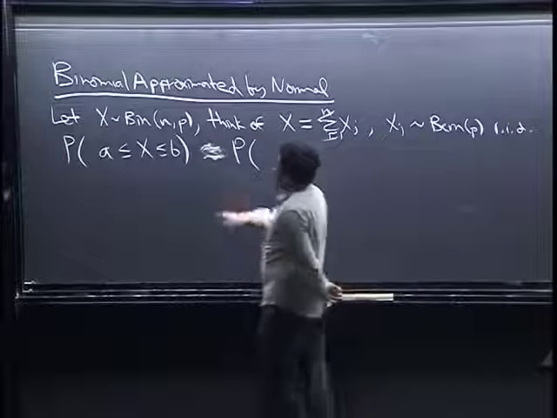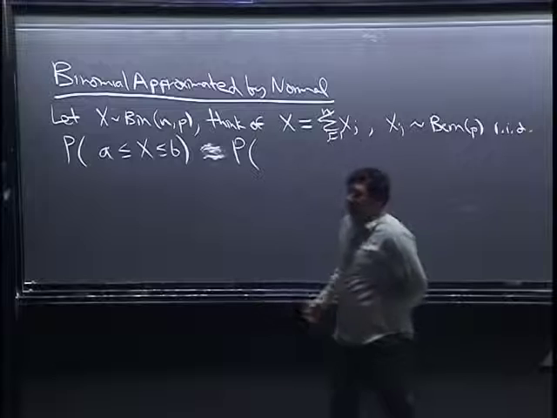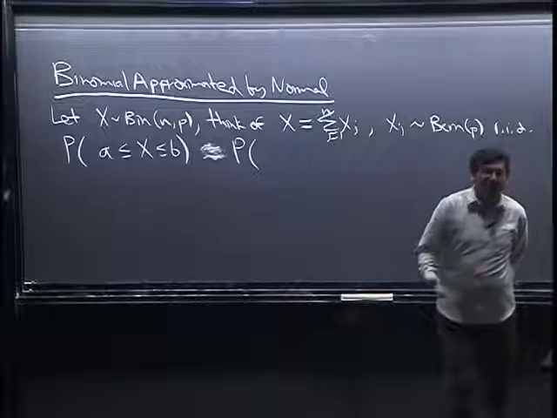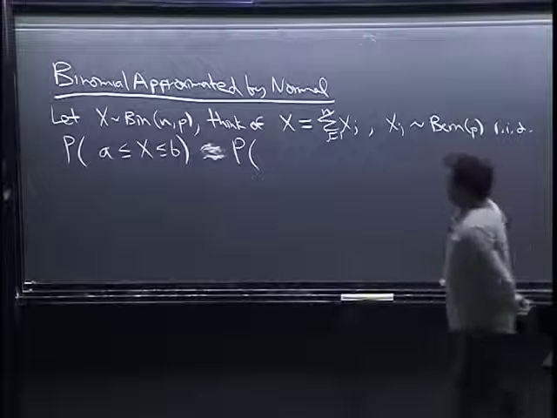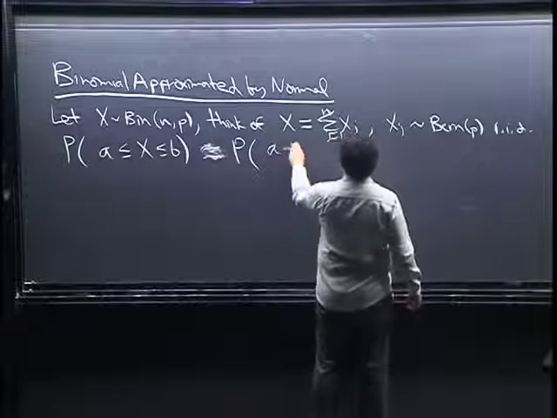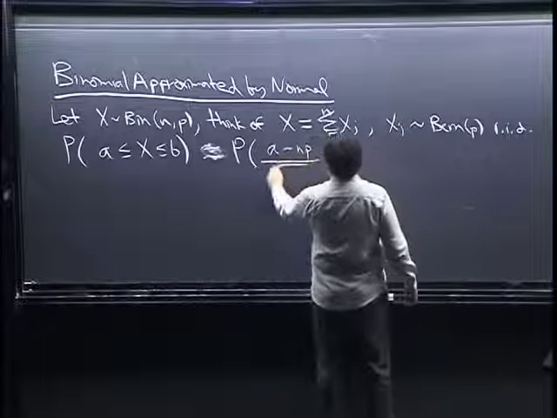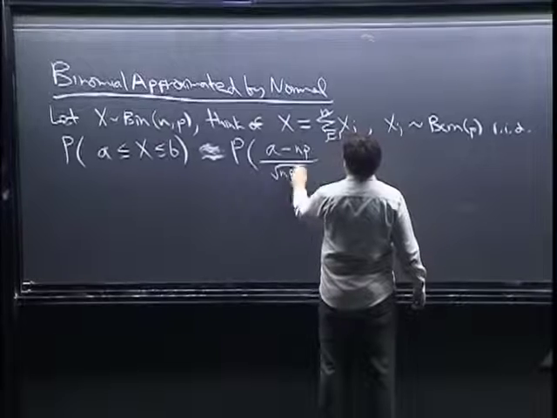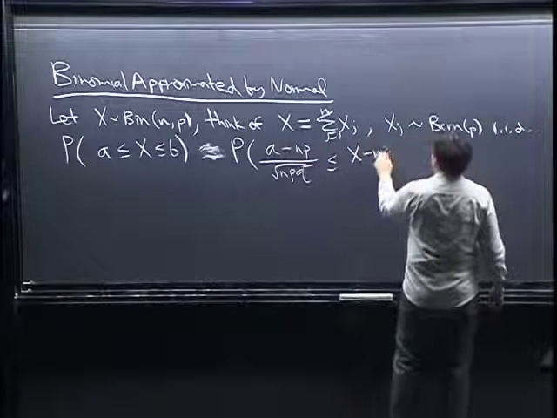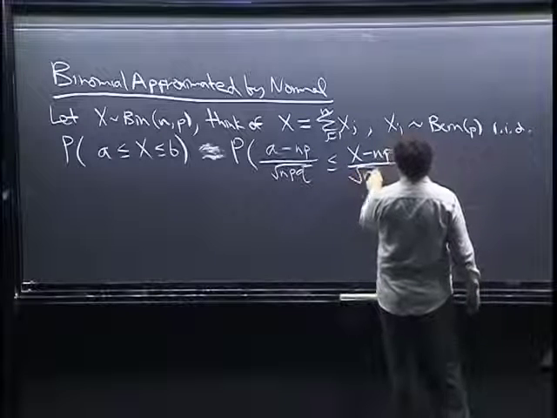But suppose we just want an approximation for this, not the exact thing. So first the strategy is just going to be to take X and standardize it. We're going to subtract the mean, which we know is np, and divide by the standard deviation, which we know is the square root of npq, where q is 1 minus p. So I'm just standardizing it right now. So this is still equal. We haven't done any approximations yet.